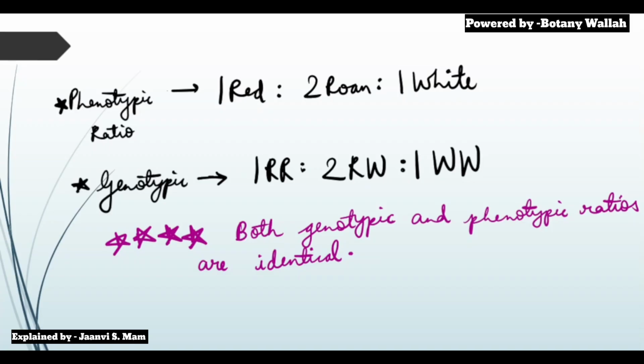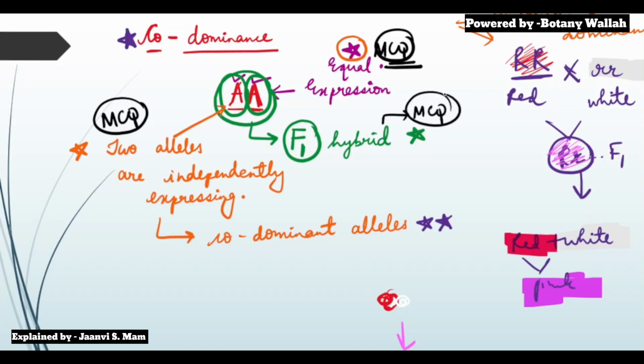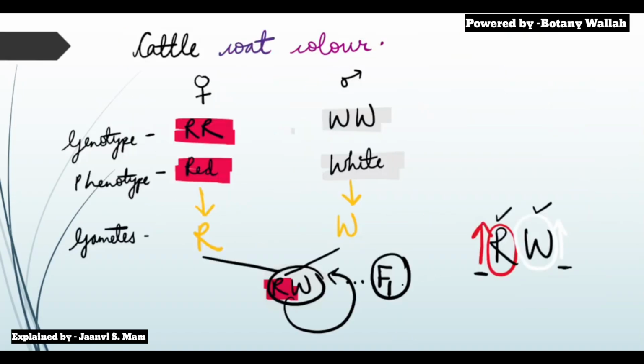Okay, so this is a very important point. I will mark all the MCQs. Now what will come? MCQ number 1, which can be asked: what is actually the meaning of codominance and codominant alleles? You should know that it is giving an equal expression. This can also be an MCQ. You should know that hybrids show the expression of both the alleles. You should know that here F1 is roan, I will mark it with orange.